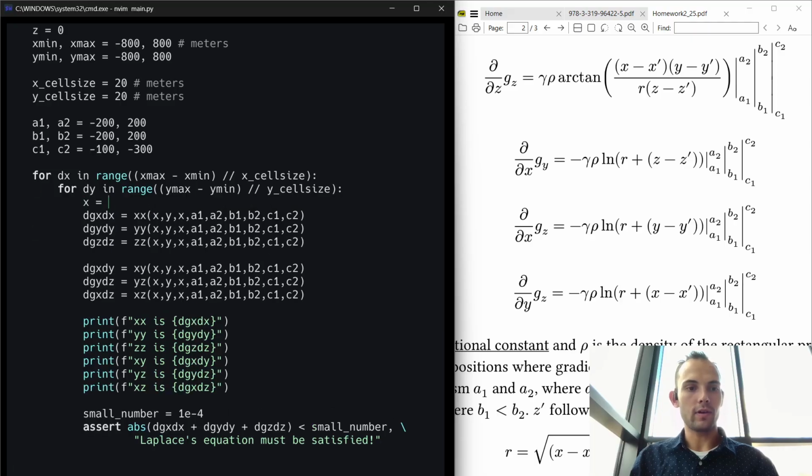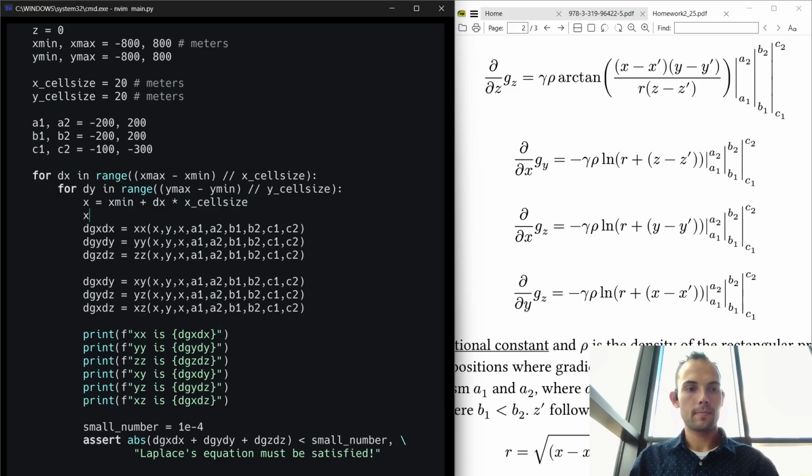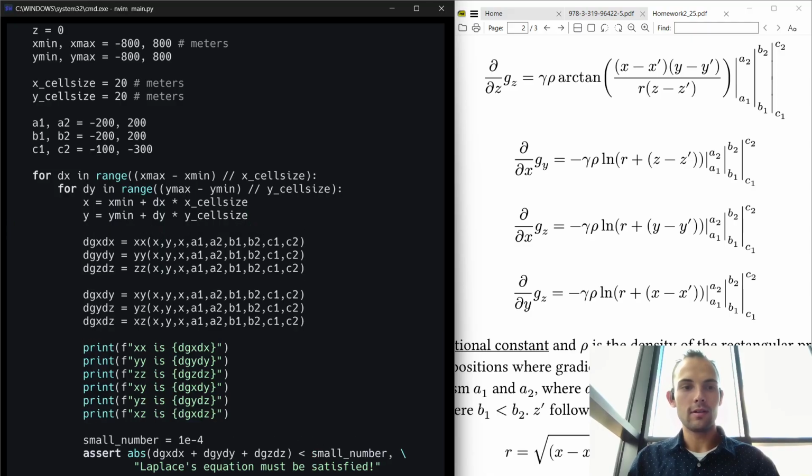Oh, I need to define x. So x is equal to x-min plus dx times x cell size. It's weird that Python won't even crash until you actually hit the point where you use an undefined variable. Oh, that's a problem.